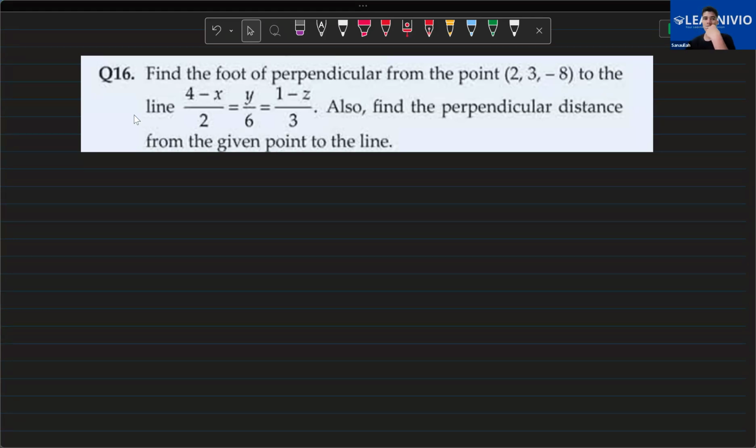Remember that if you want to find the direction ratio of a line, you need at least 2 points.